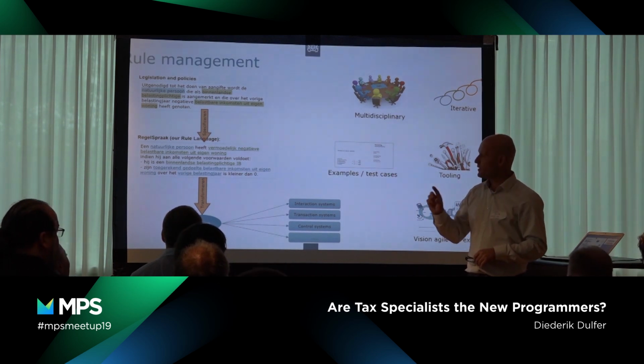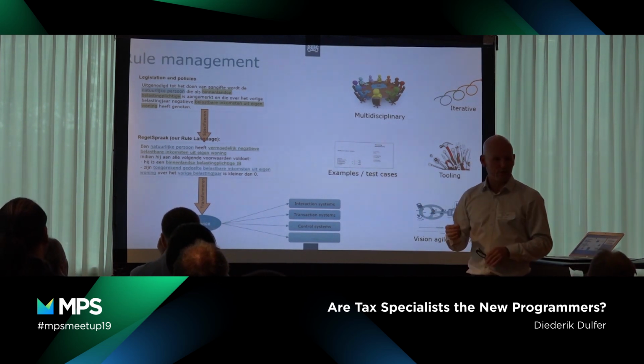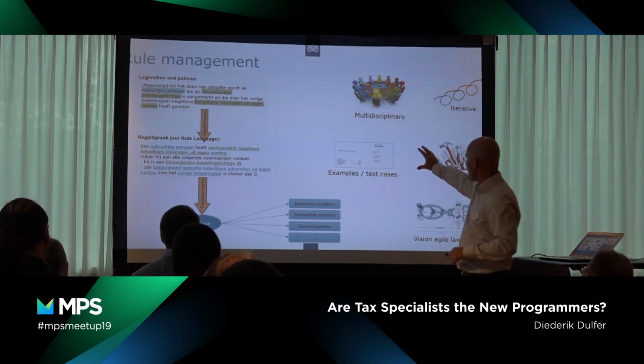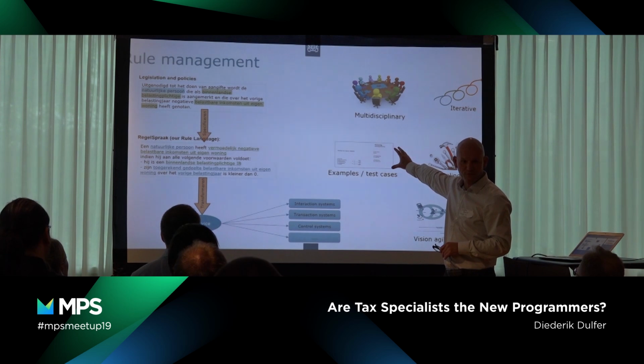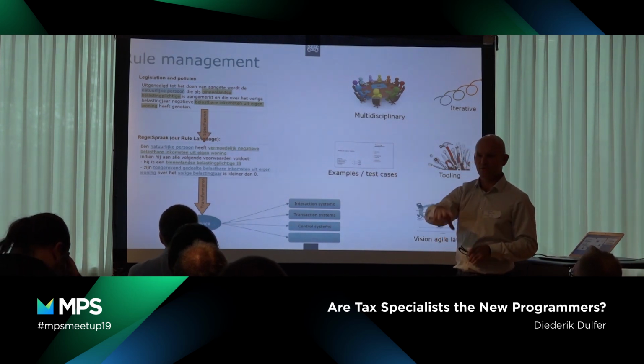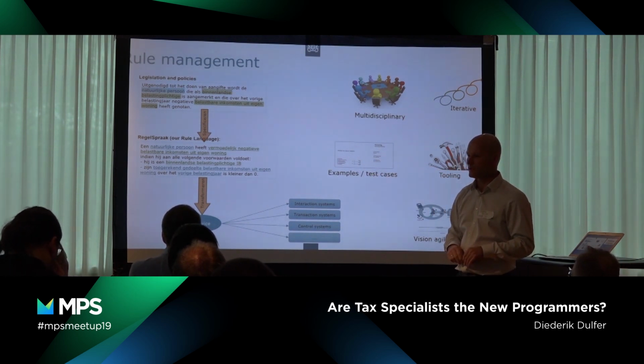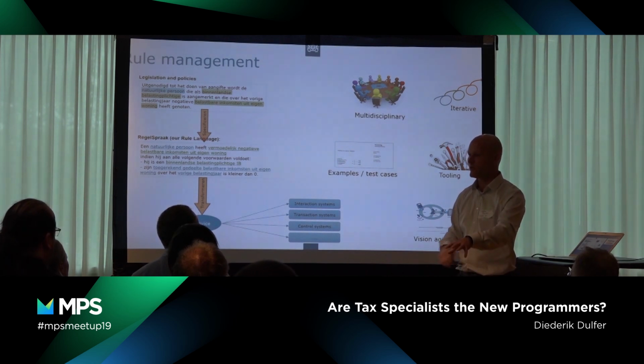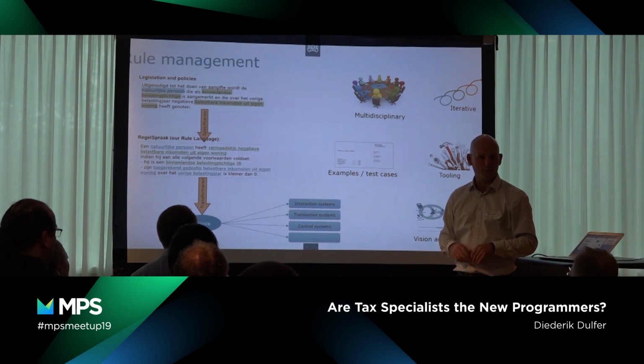But the most important thing, I think, is that next to this specification we have examples and test cases. So we really ask this legal specialist, please give us examples about what you think should be the outcome of this.